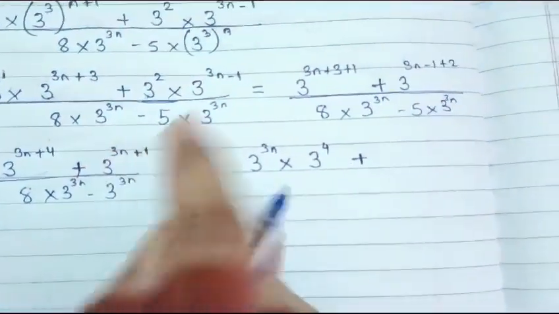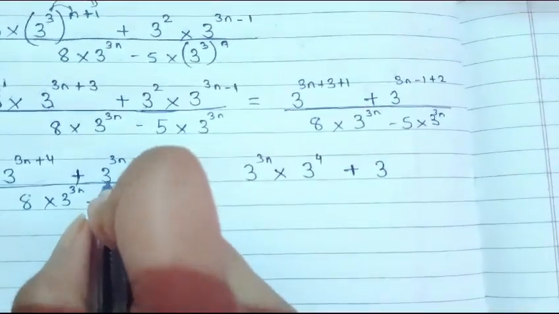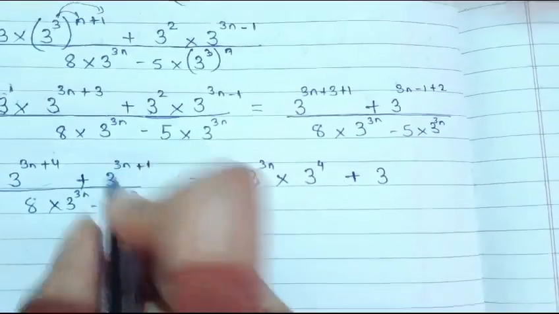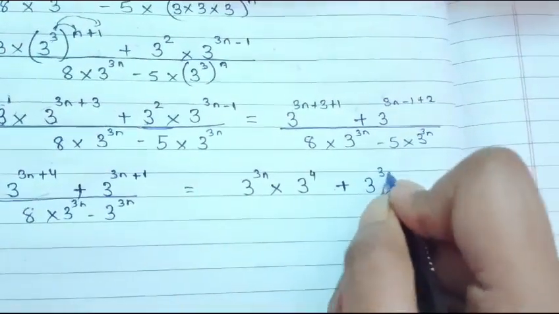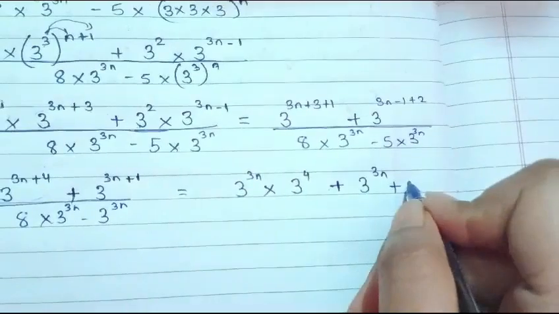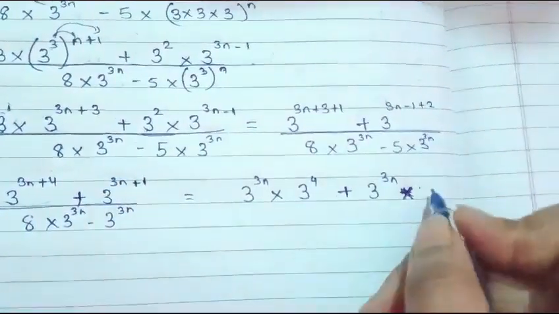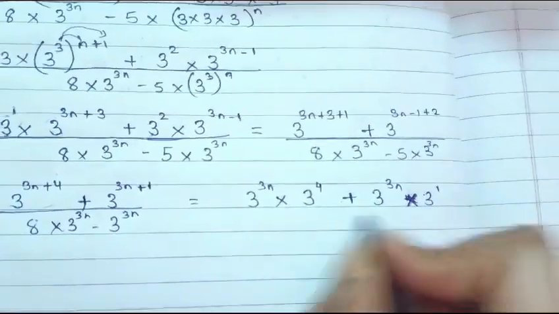Plus same thing over here also, you can break this down as 3 into 3 raised to the power 3n. Sorry, over here you'll have multiplication into 3 raised to the power 1.